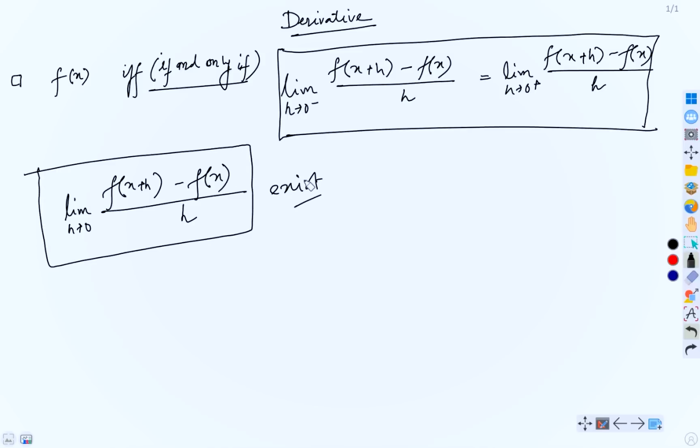Because we say f is differentiable if and only if these two limits exist and are equal. When we already know beforehand that f is differentiable, then we will only deal with this expression, okay?